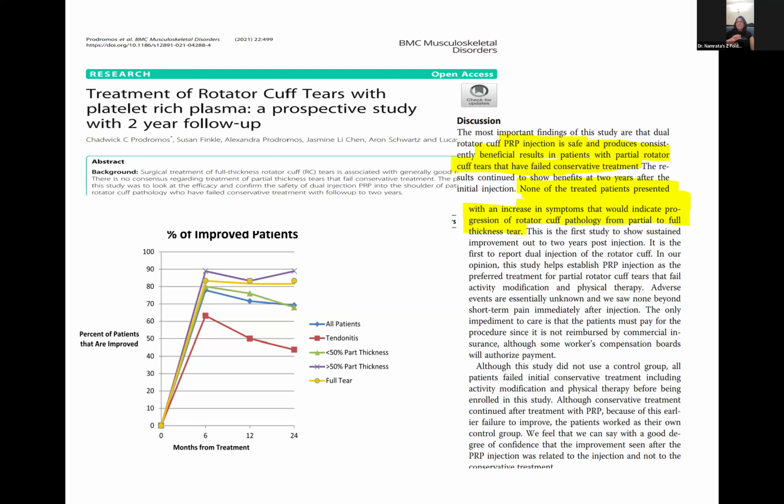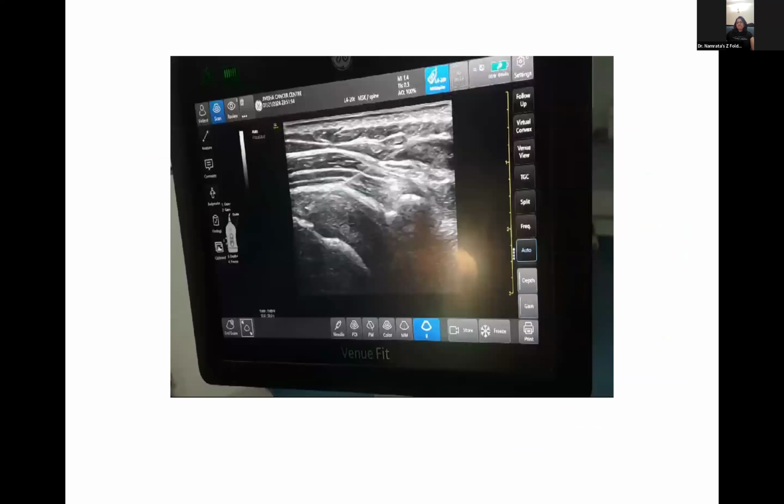Once the healing has started, you start with ROM exercises, and progressively with weights for the complete strength of the tendon. So these are the things which are routinely done.